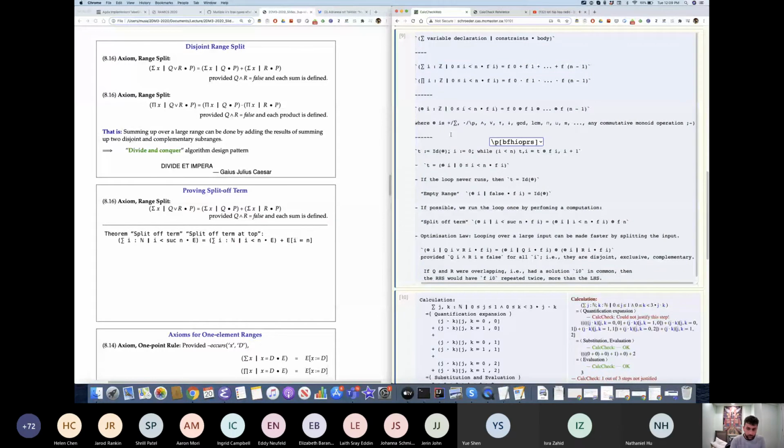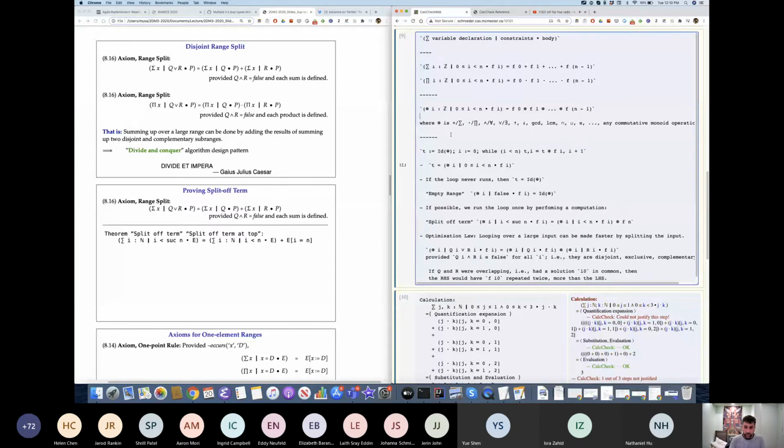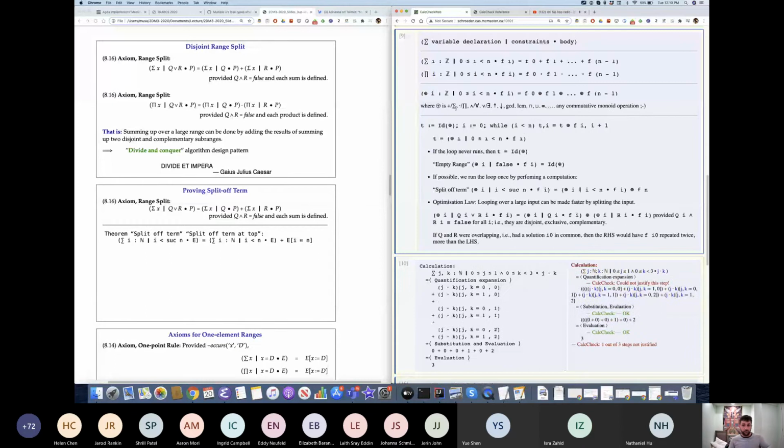Times is written as this big pi symbol, and is written as this upside down A for all, or is written as this backwards E. Sometimes you'll see these big operators, and that's what we'll use for calc check, so for parsing.